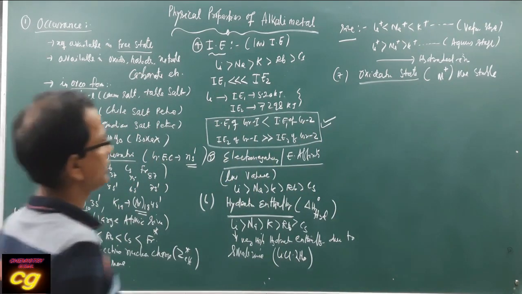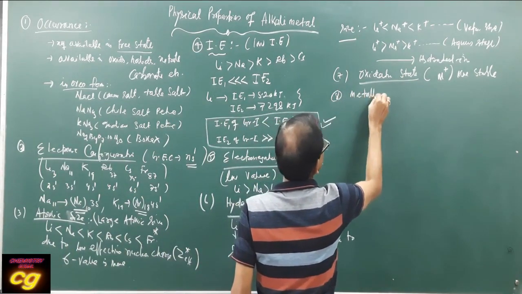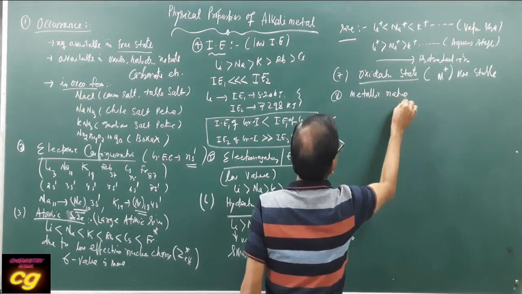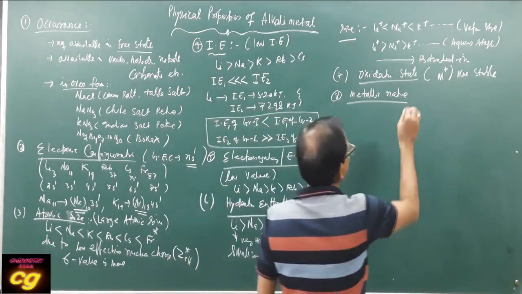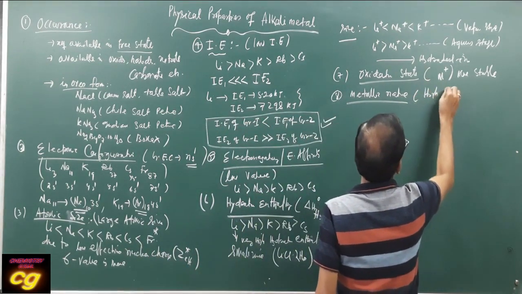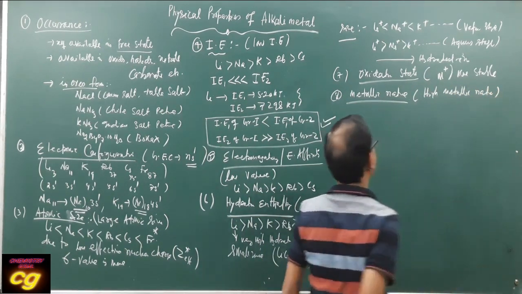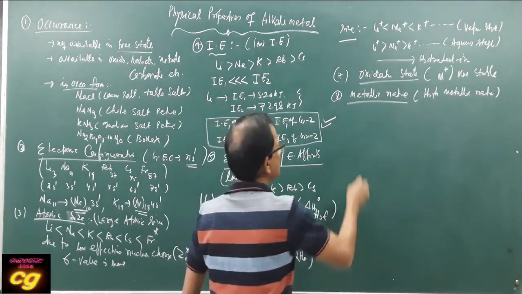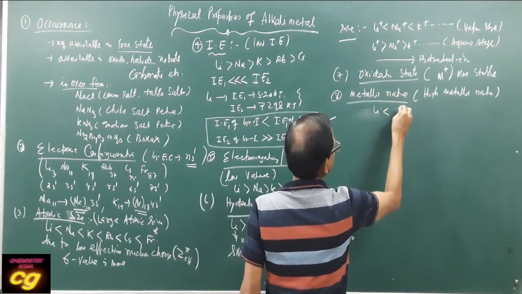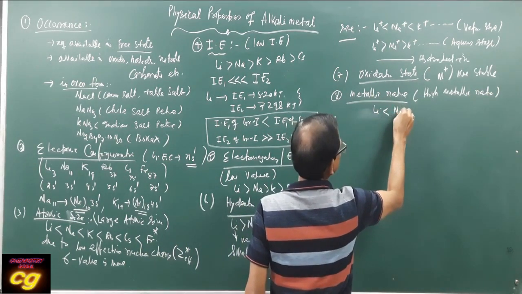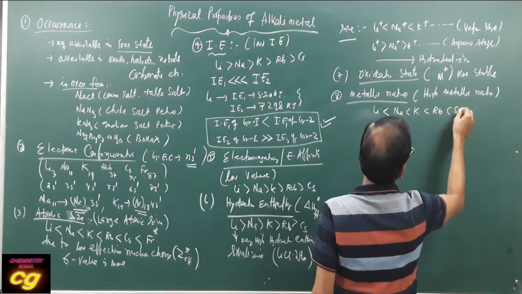Then metallic nature. Generally, alkali metals are highly metallic compared to others. Metallic character increases from lithium to cesium: lithium, sodium, potassium, rubidium and cesium.